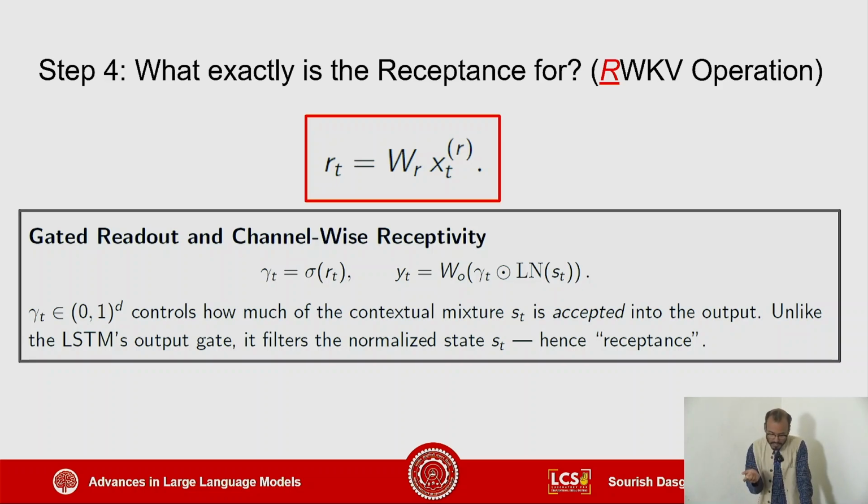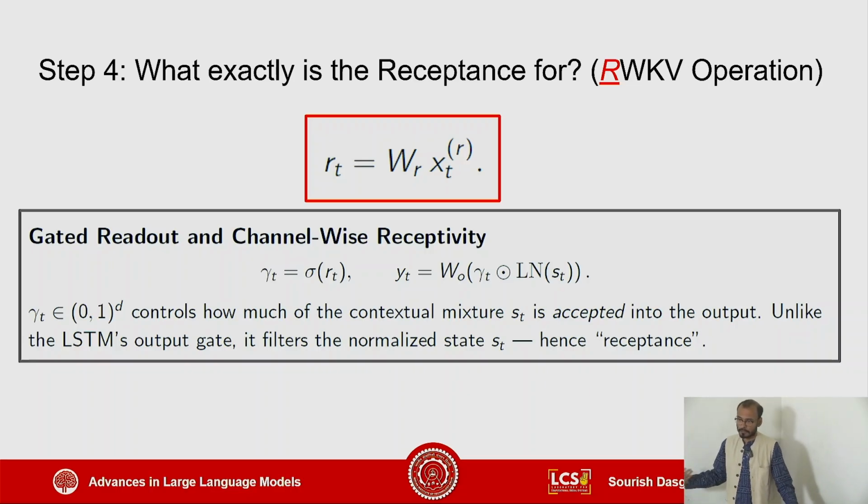It's called the receptance, and it's basically used to create yet another gate that is analogous to the output gate of an LSTM, right? We already saw the forget gate, whose analogy would be alpha.